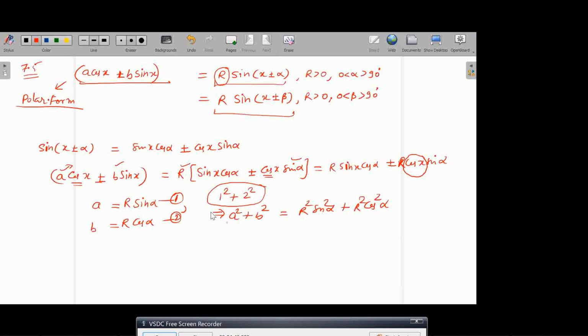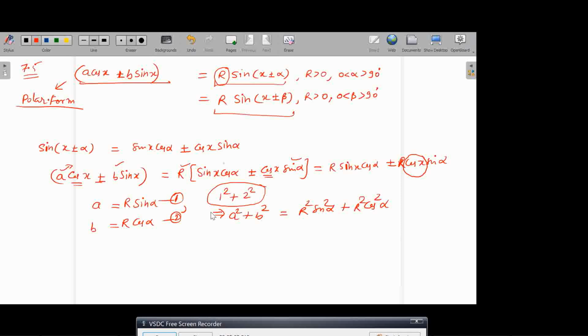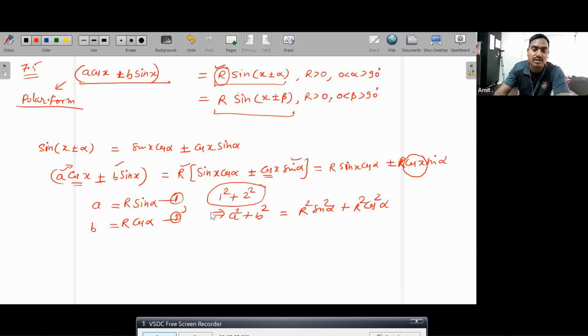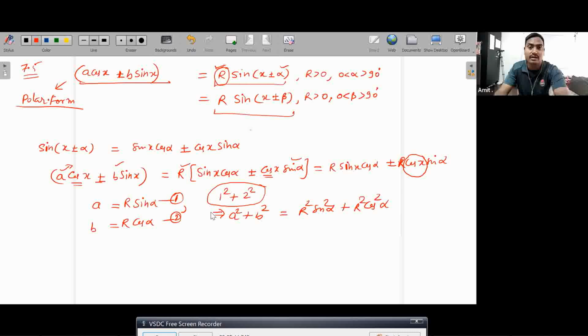Usually we use tan when we divide, and that is how we will find alpha, at that time we will divide. But first of all, we have to find r. So first I am finding r.